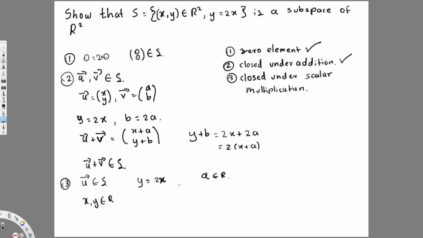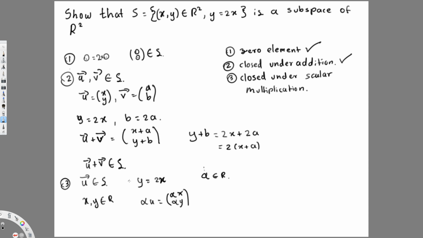Then I take y is equal to 2x. First, let's multiply by alpha. So alpha times u is equal to alpha times (x, y). If we multiply u by alpha, then we have to multiply x and y by alpha, so we get (alpha x, alpha y). We have to prove this is true. If y is equal to 2x, alpha y should be equal to 2 alpha x.